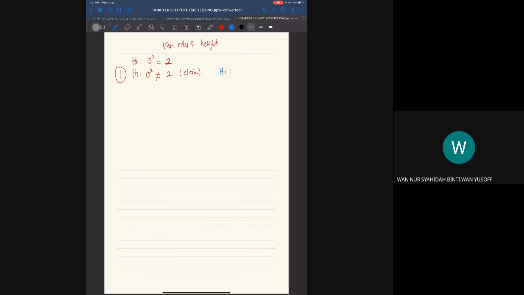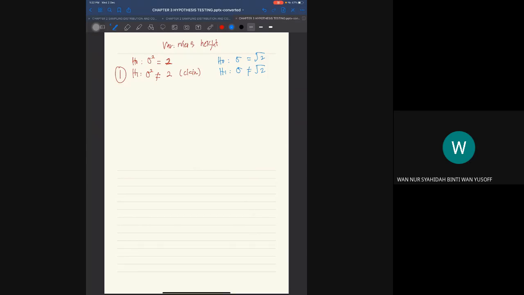Can we write this one? Yes, also can. You can write it as a variance or you can write it as a sigma.